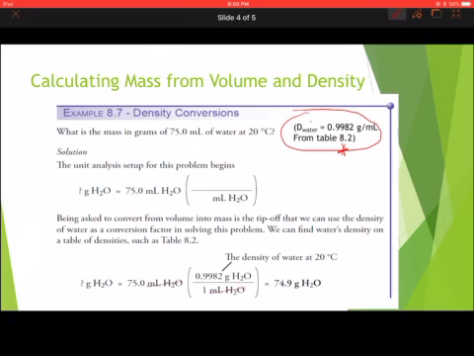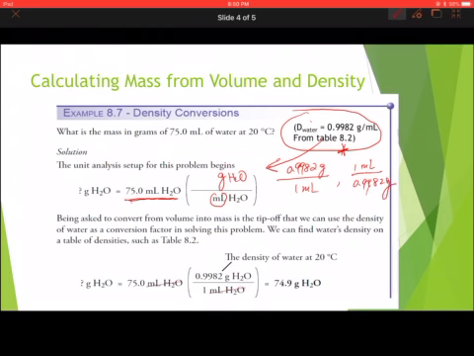How do you set up the conversion factor? You start with the volume: 75.0 ml of water. You want to multiply by a conversion factor that gets rid of ml and goes to grams of water. This is where density comes in, because that gives you two conversion factors: 0.9982 grams per 1 ml, or 1 ml over 0.9982 grams.